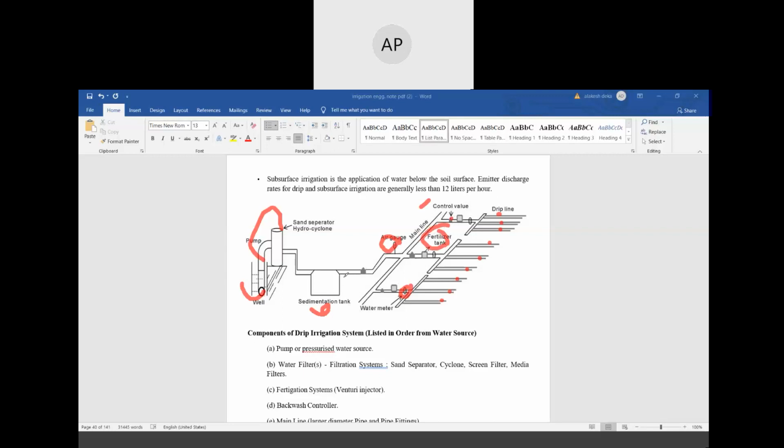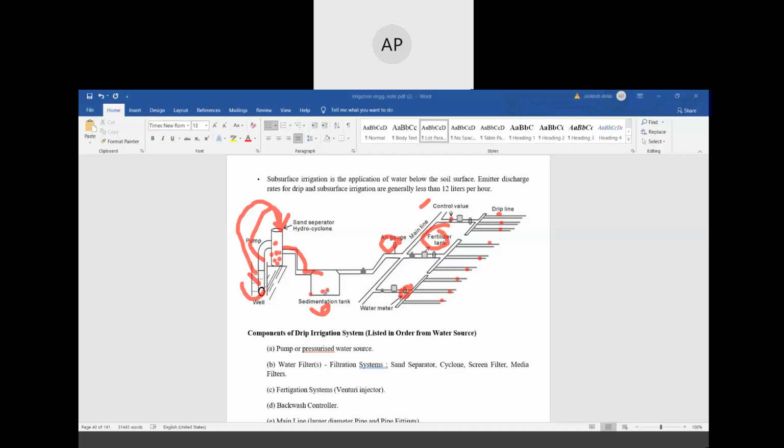So the cycle is like that. This is the deep well from where water is pumped to a hydrocyclone or sand separator. That means here the sand is separated. From the sand separator, it will go to the sedimentation tank.